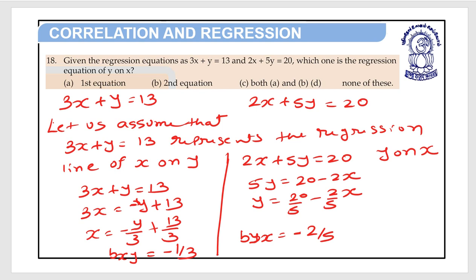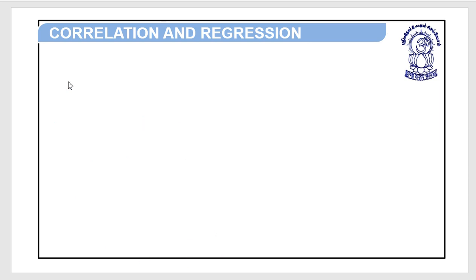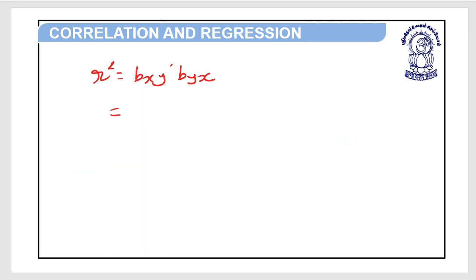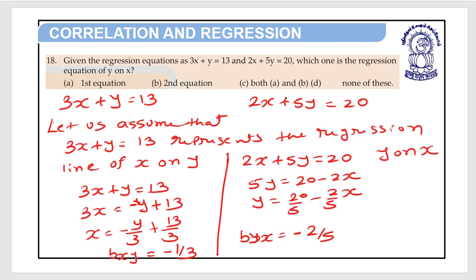Okay. So here r square is equal to bxy into byx. bxy is minus 1 by 3 into byx, which is minus 2 by 5.